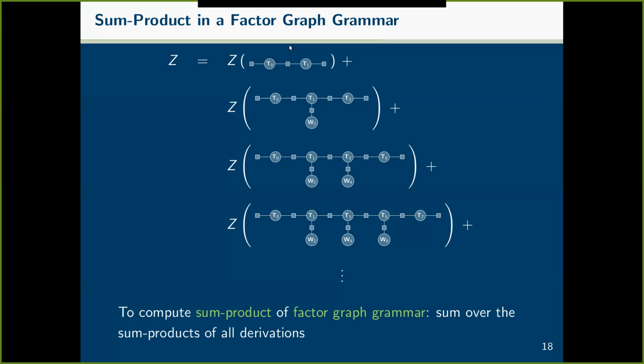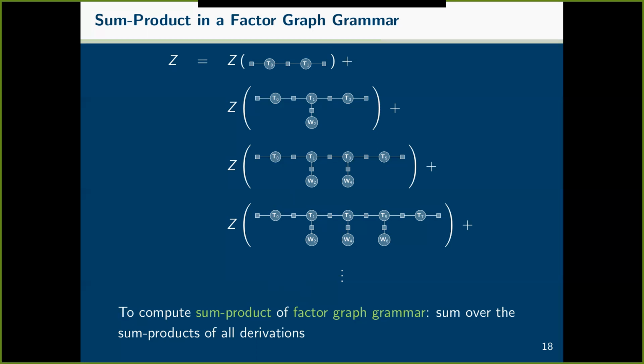But your grammar might generate an infinite number of factor graphs, and so this sum here will be an infinite sum. And that's definitely the case for HMMs, because HMMs can generate one factor graph for each sentence length, and sentence length is unbounded. So yes, you cannot compute this directly.